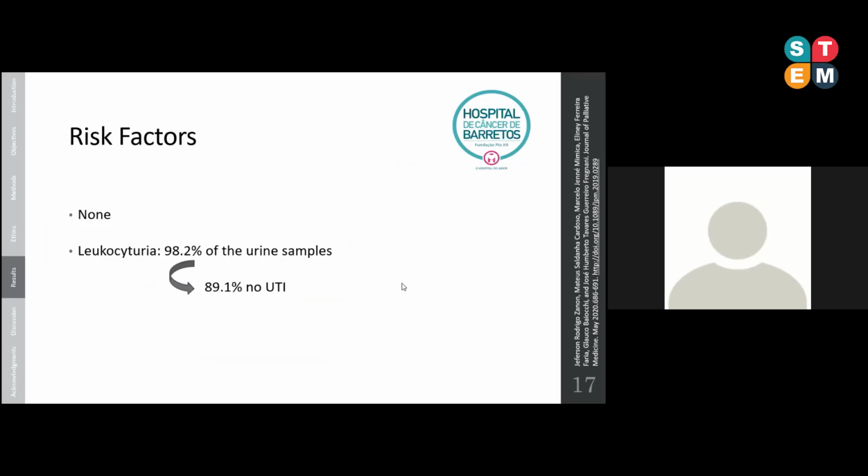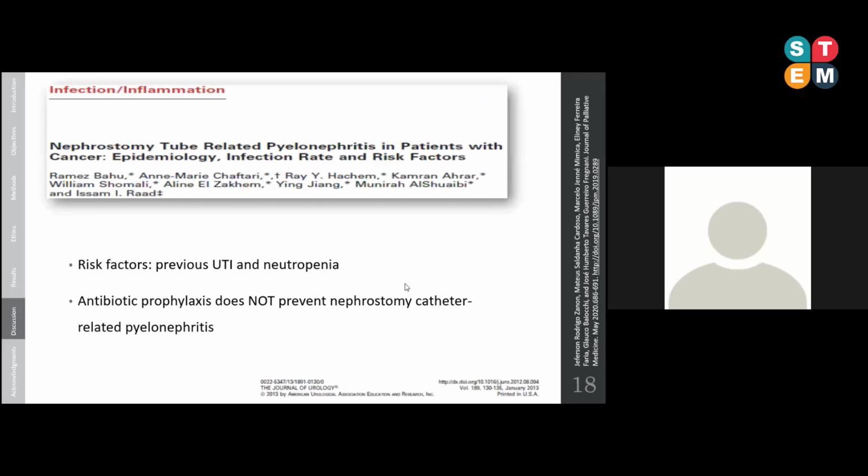We did not find risk factors for urinary infection after the procedure in our study, but I also want to emphasize that 98% of the urine samples showed leukocyturia. Of these, 89% had no urinary tract infection. In other words, leukocyturia is not the same as urinary infection, especially with the presence of a catheter.